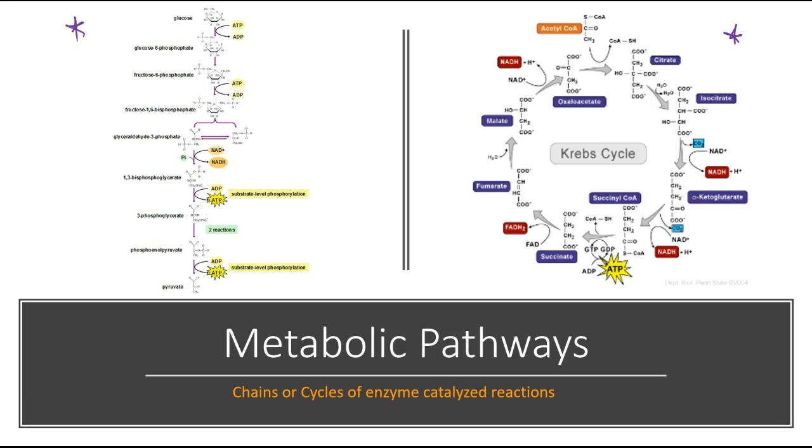This is glycolysis. You do not need to learn the steps of glycolysis in this video at this part of the IB syllabus. You will need to learn glycolysis when we get to cell respiration, but that'll be a future video. Glycolysis is a series of reactions in this metabolic pathway that converts glucose into pyruvate.